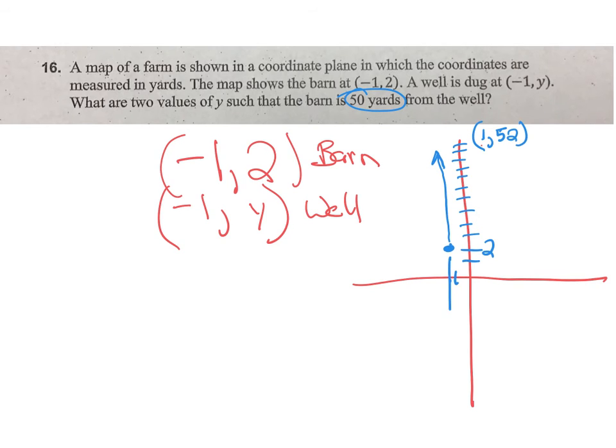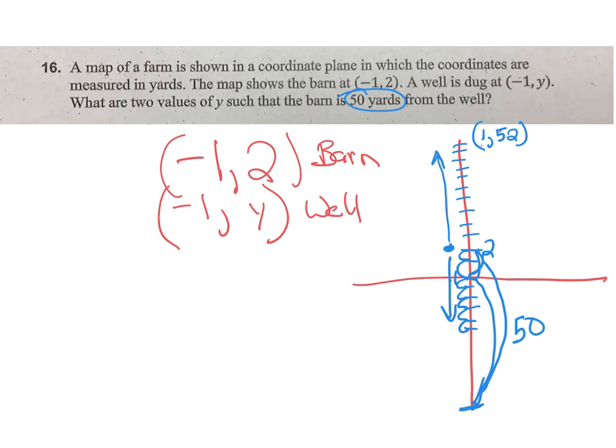Now, if I go this way, these are all negatives, so I go 1, 2, and I'm at 0, so then I go 3, 4, 5, 6, 7. So from here to here is 50, so there's 2, and then I need 48 more.